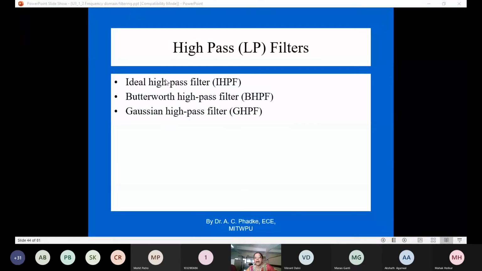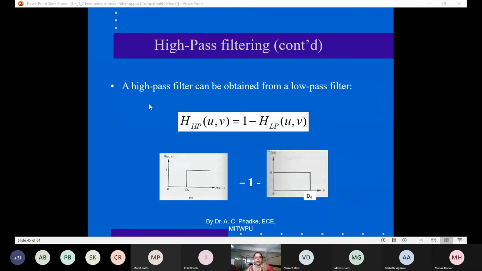We can obtain these three filters simply by subtracting the low pass filter equations from 1, right? So the ideal high pass filter can be obtained from the low pass filter as shown here.